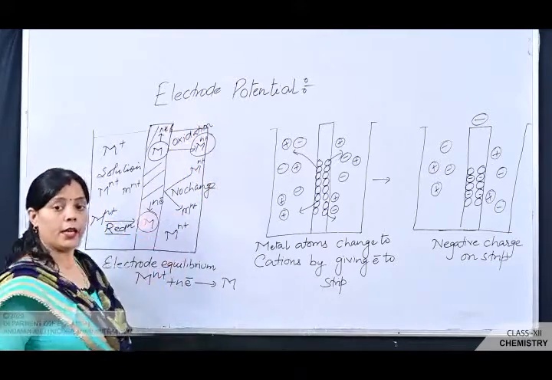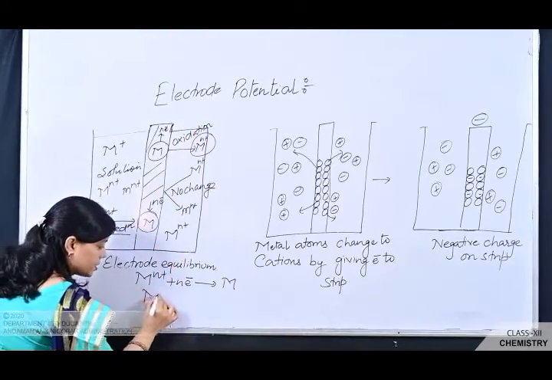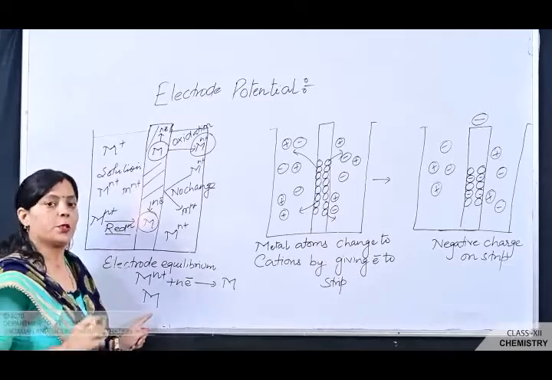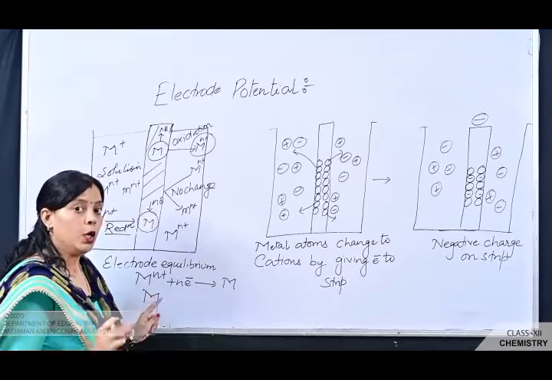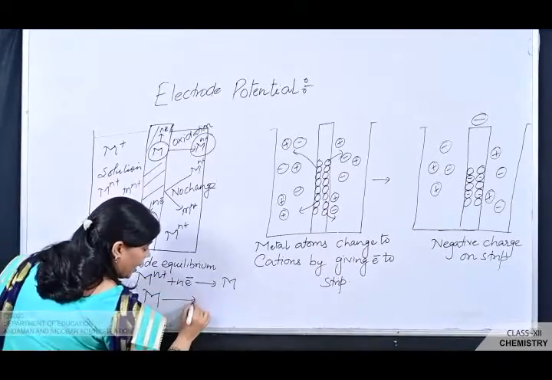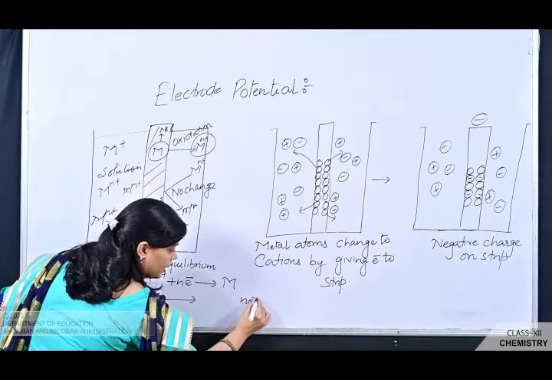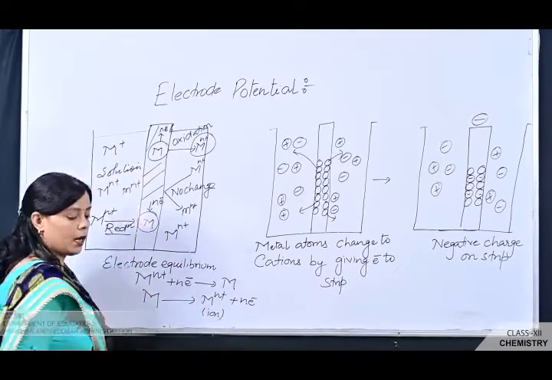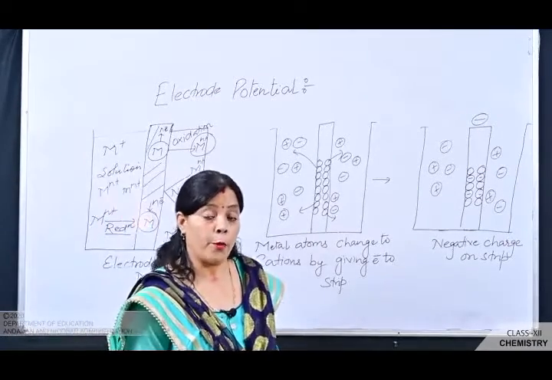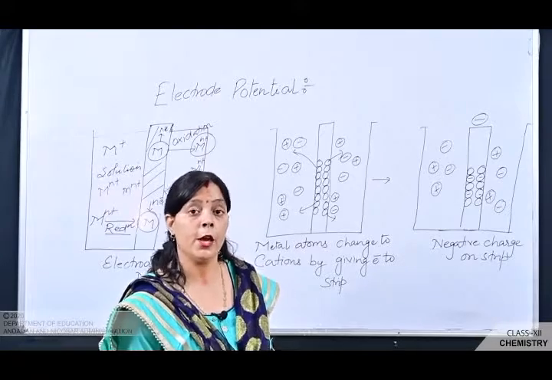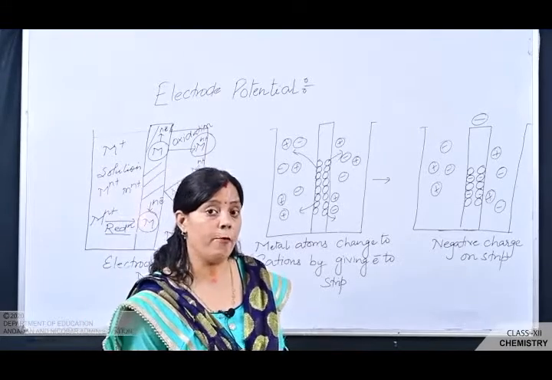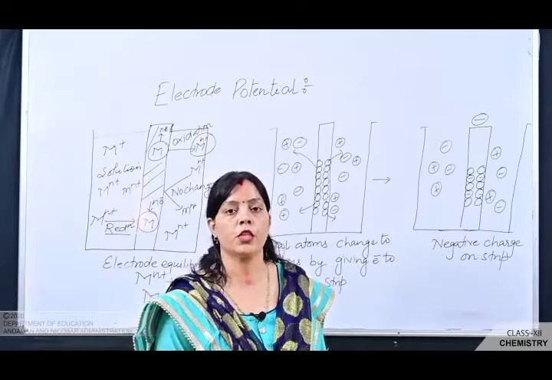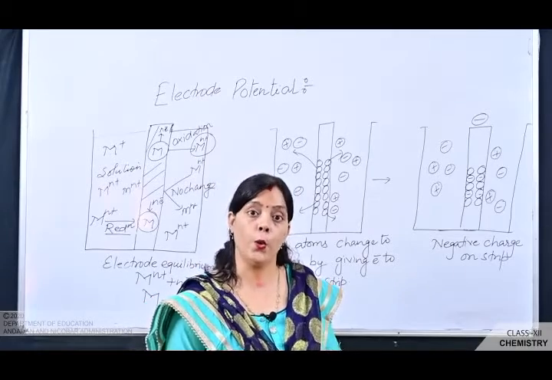The oxidation reaction can be written as: the metal atom M present in the strip loses its n electrons and is converted into Mn+ ion. So these are the three important processes that may take place when a strip of metal is brought in contact with the solution containing its own ion.